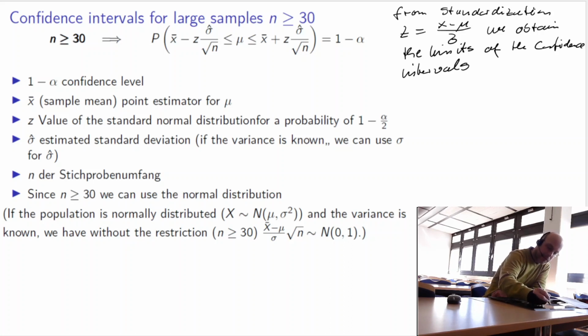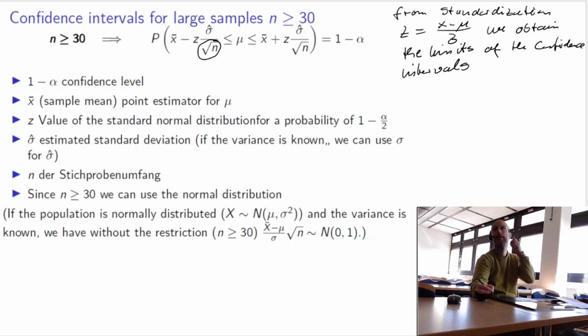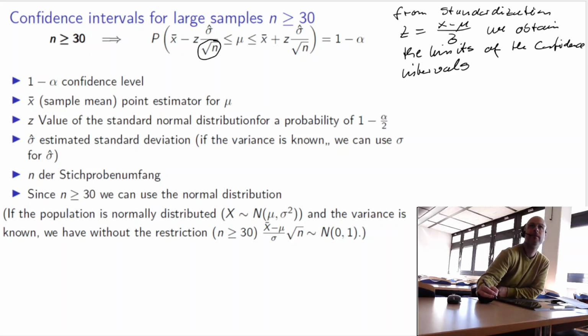And then, of course, we also have to keep in mind that the variance of our mean is scaling with the square root of n. I think we should shortly recapitulate why this is the case, because this is one of the central results: if this is scaling with 1 over square root of n, this means we become better and better with our estimation the larger our sample size.